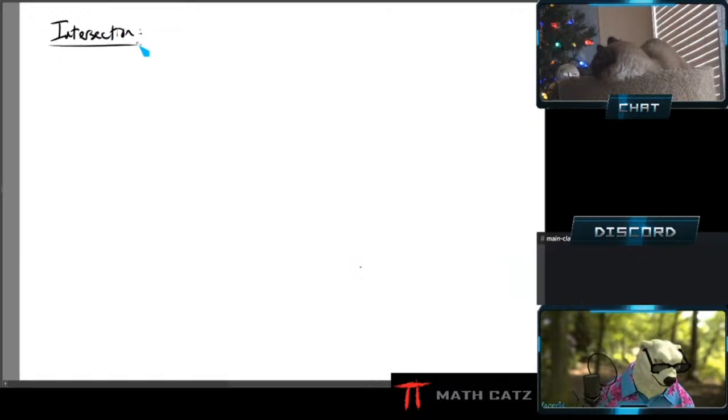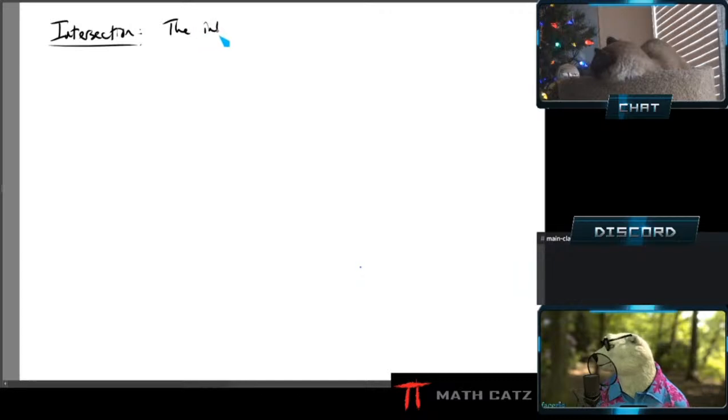The other one is the intersection. Now, by thinking of the word intersection, you might already guess what that is, but let's write it out anyway.